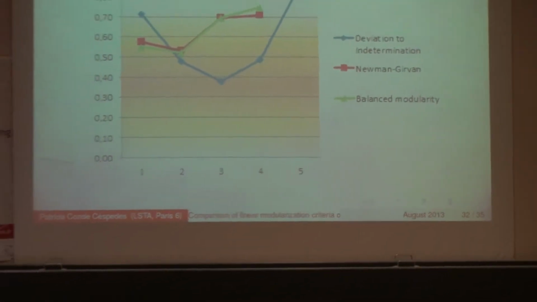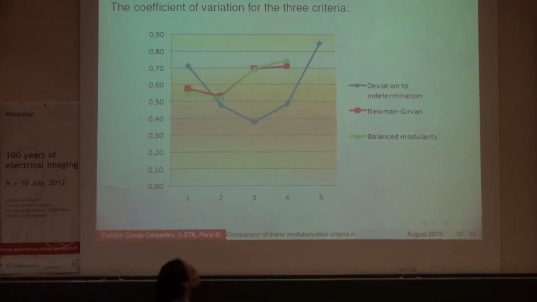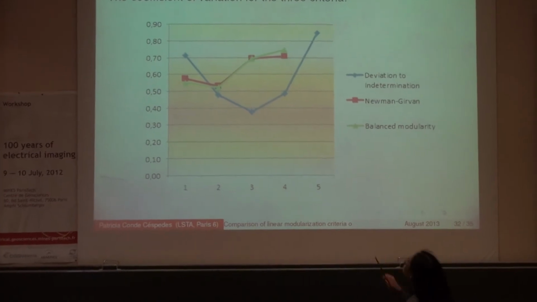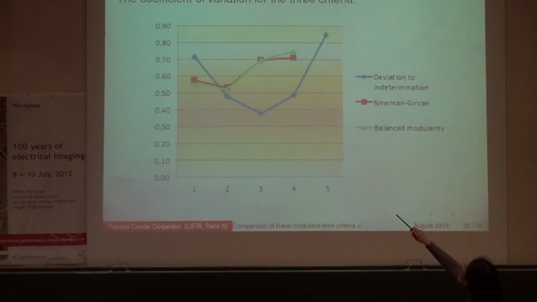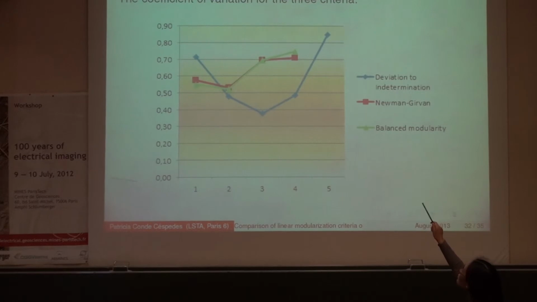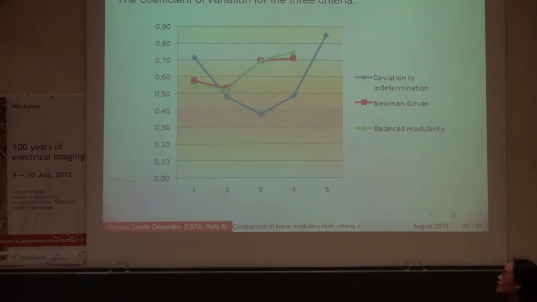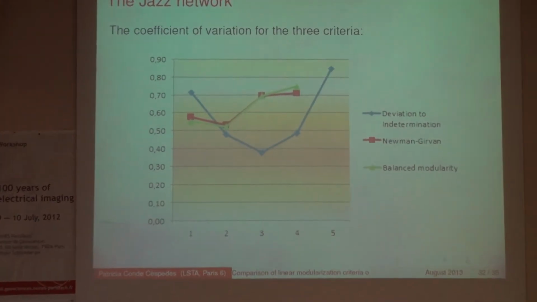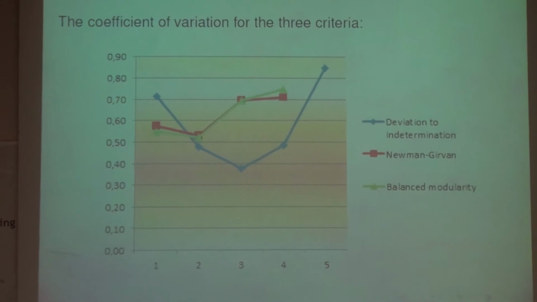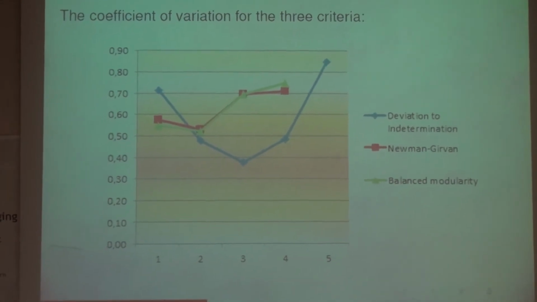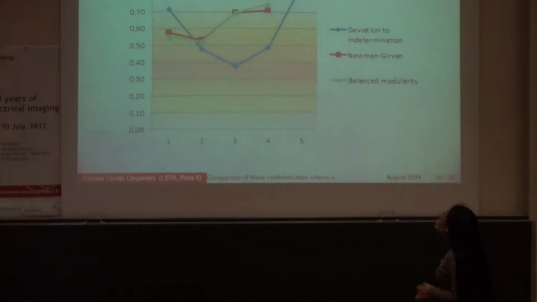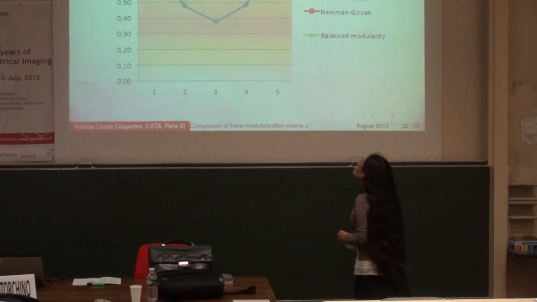Here, I represented the coefficient of variation of the degree distribution for the three criteria. Look at this. For the deviation to uniformity, we can see that the degree distribution is more homogeneous because there is less variation, whereas with the Newman-Girvan modularity, we have nearly the same as the balanced modularity.